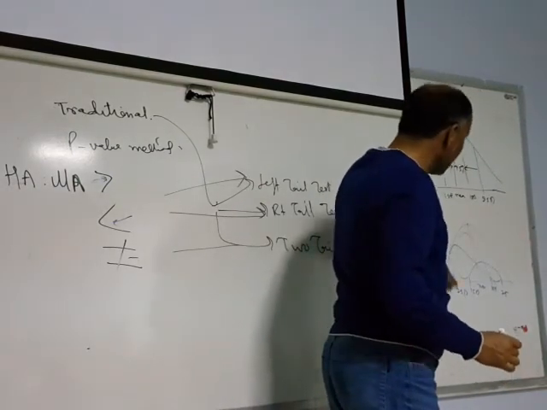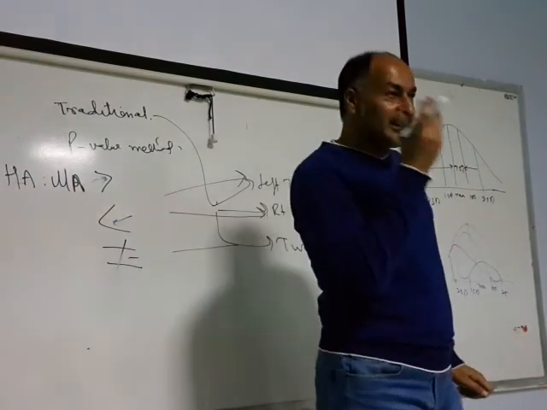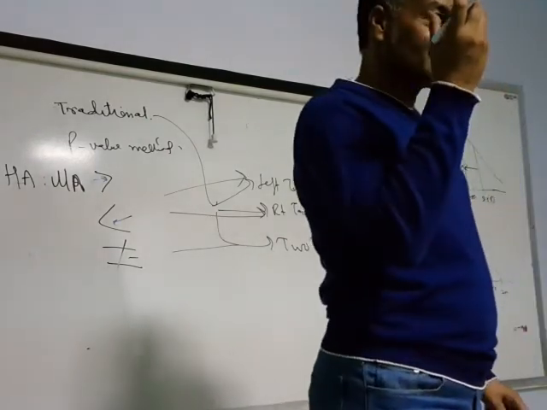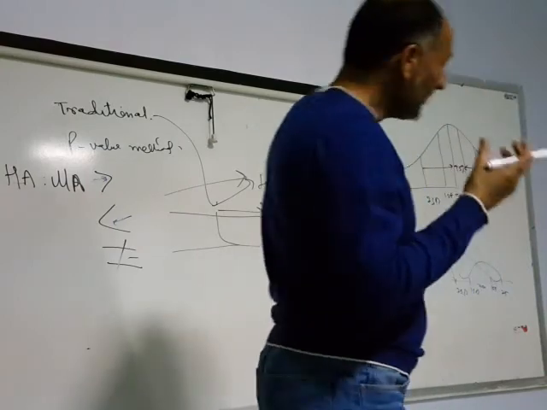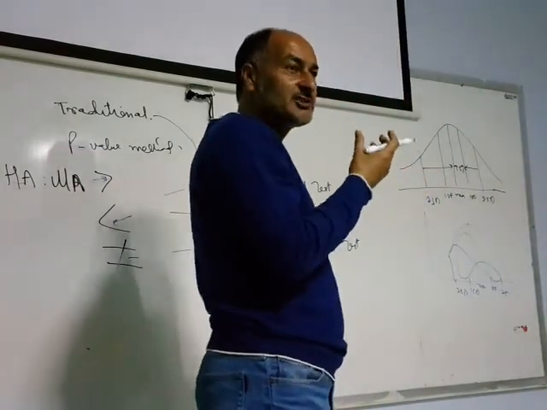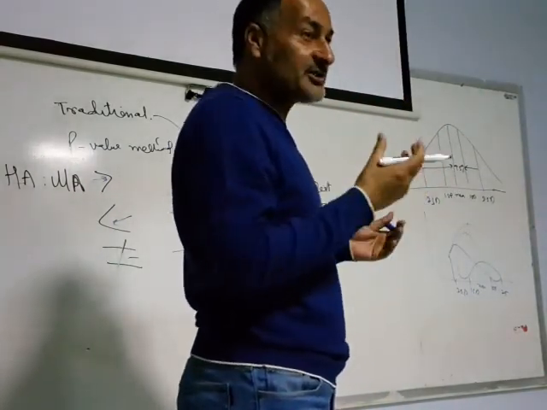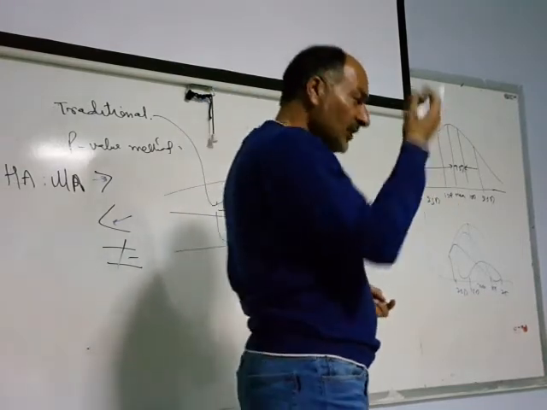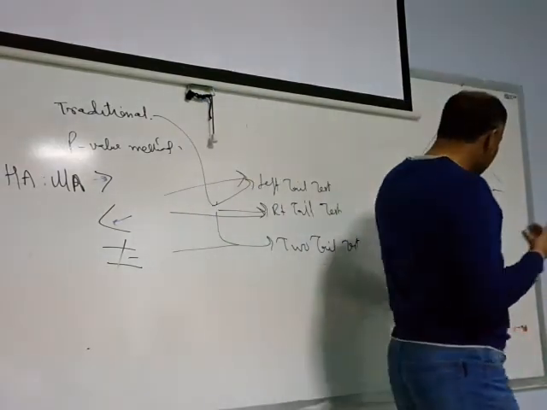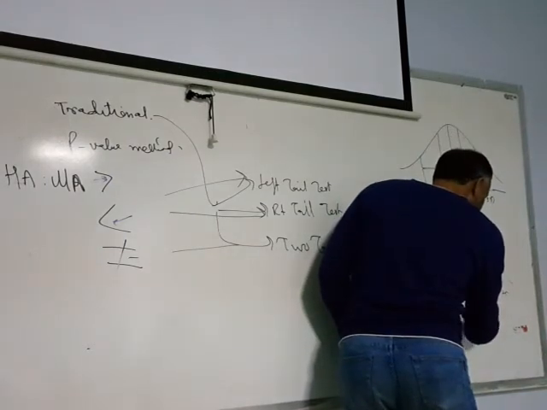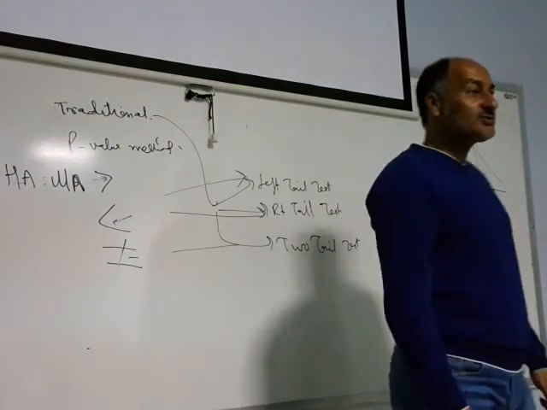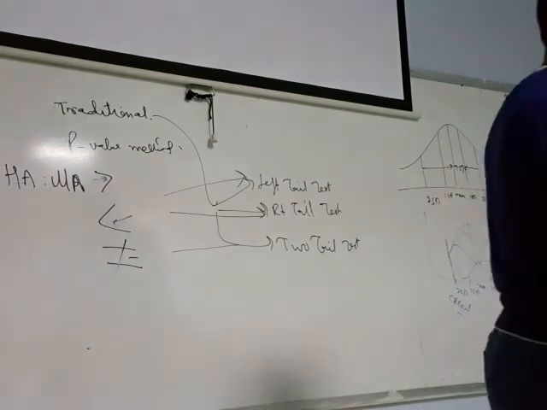So then I told you again that if I get a value in the null hypothesis, I may reject the null hypothesis or I may fail to reject. Now how am I doing that? From that value, I am constructing something called the critical value.